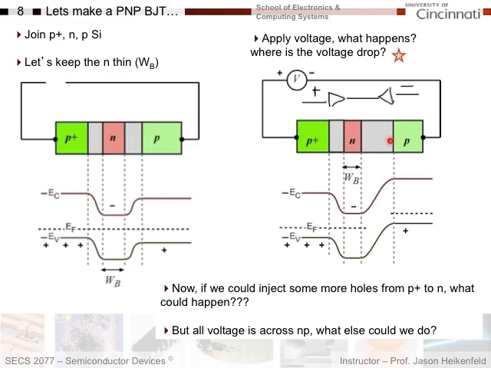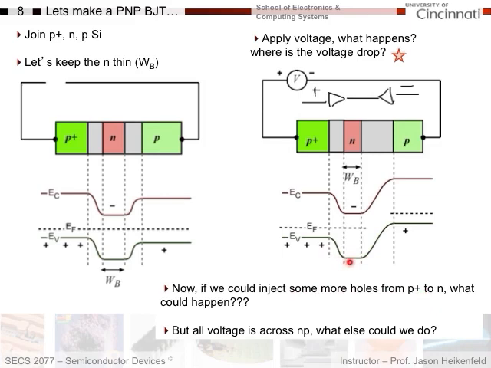This is our collector. We said we wanted our collector reverse biased, so we're almost ready to make this device work. But the challenge is, we've got to get holes here. So what could we do to inject some more holes from the P plus to the n-type material?